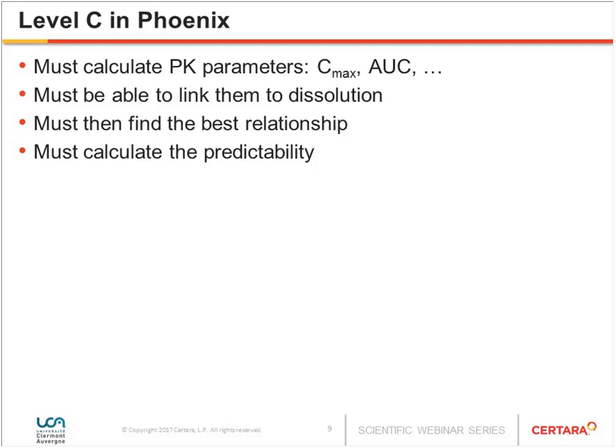You must be able to link them to dissolution data. Then you must find the best relationship, and we assume very often for level C, like for level A IVIVC, that it is a linear relationship, and you must calculate the predictability. So you have a lot of steps that you must perform, and you can make all of them in Phoenix.